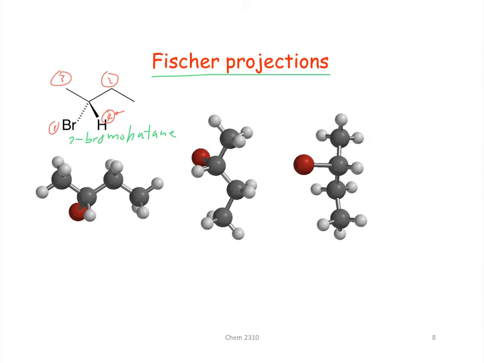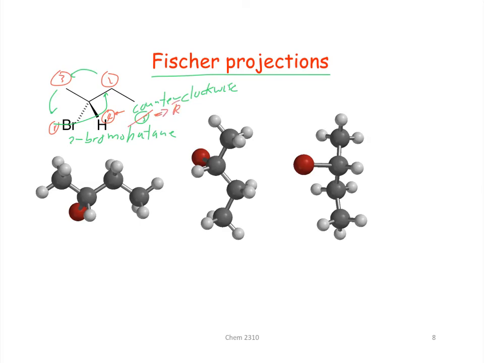So if we do our rotation, we go 1 to 2, 2 to 3, 3 to 1, counterclockwise, which would usually give us S, but that's not going to be right.